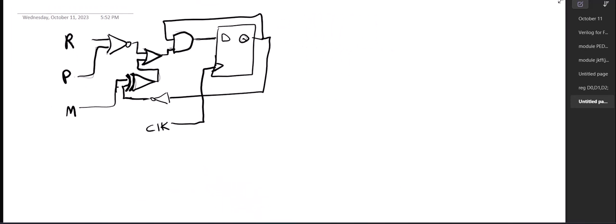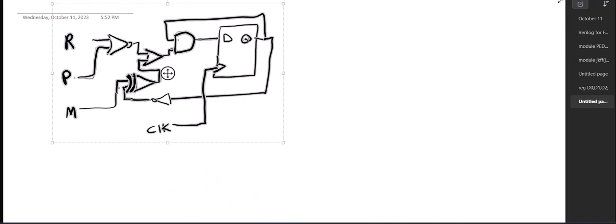Alright, so what we have here are 3 variables. We have R, P, and M. I wanted to do R and R for my initials, big R and little r, but I thought it'd get confusing. So R, P, and M. I've got a NOR gate right here. I've got an exclusive OR, I've got an OR, and I've got an AND.